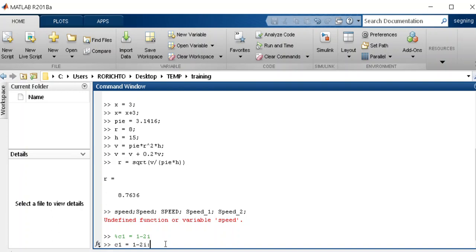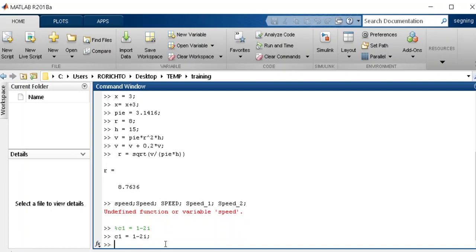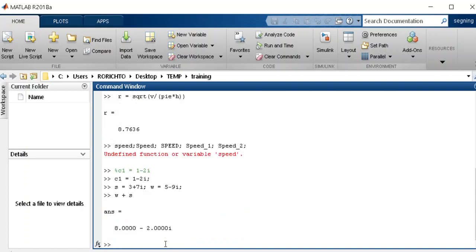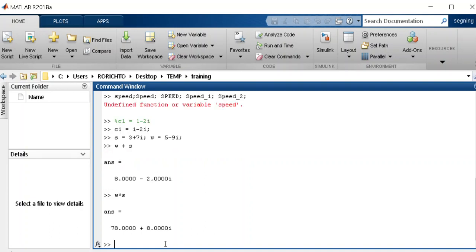For example, where that is the answer. And then you may also use this function, this mathematical operation, and then finally divide.